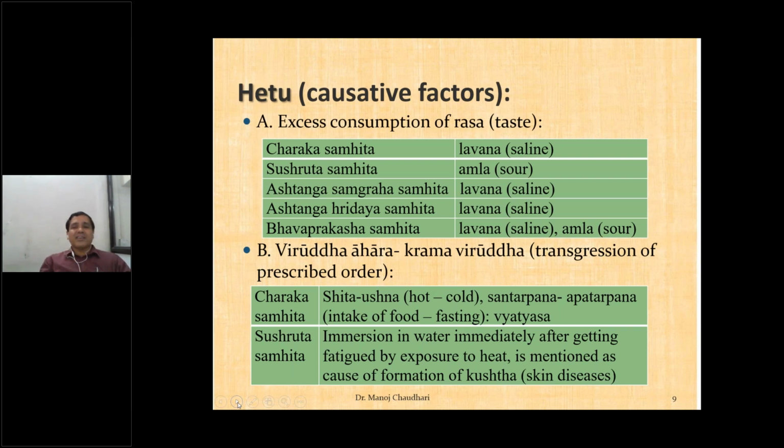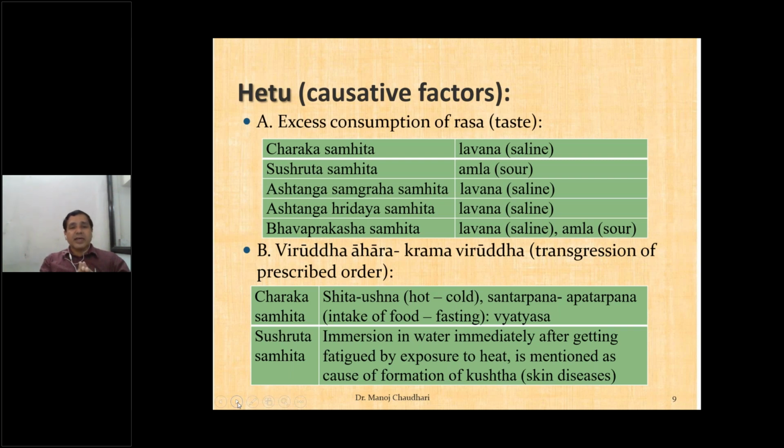So we should avoid both Lavana and Amla tastes in the Pathya description. Next, we go to Viruddha Ahara, that is Krama Viruddha. Most of the time we say bananas are good and milk is good, but one has a hot property and the other a cool property.